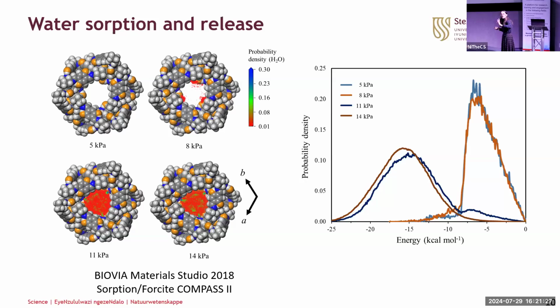But not every OH group in a trianglamine is actually involved with this. And I'll show you in a moment that there are some differences. So what's happening here is that at low humidity, the water is interacting with these OH groups, okay?